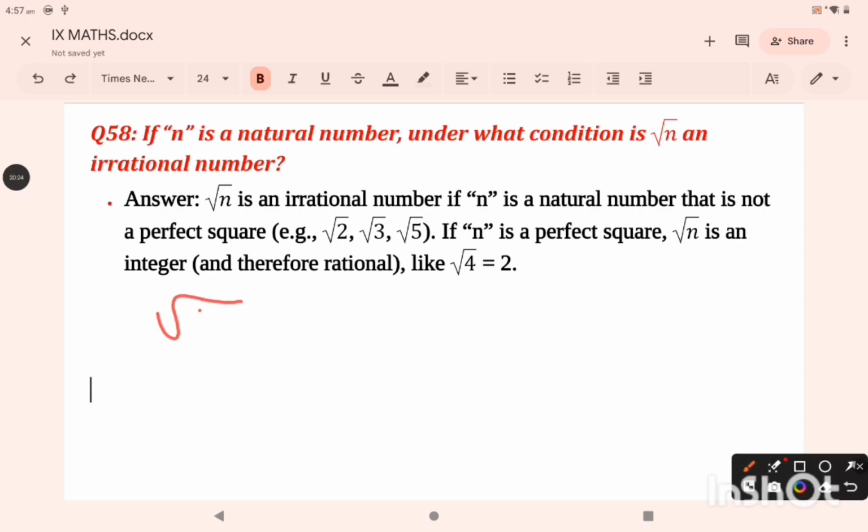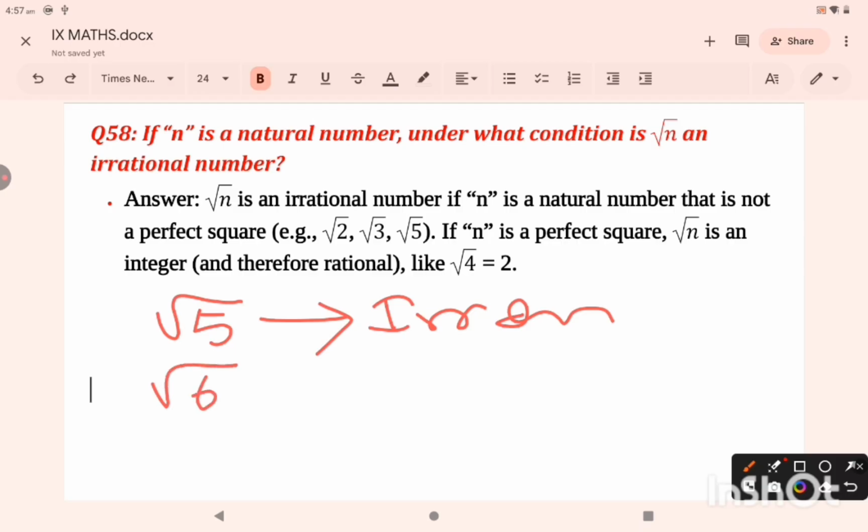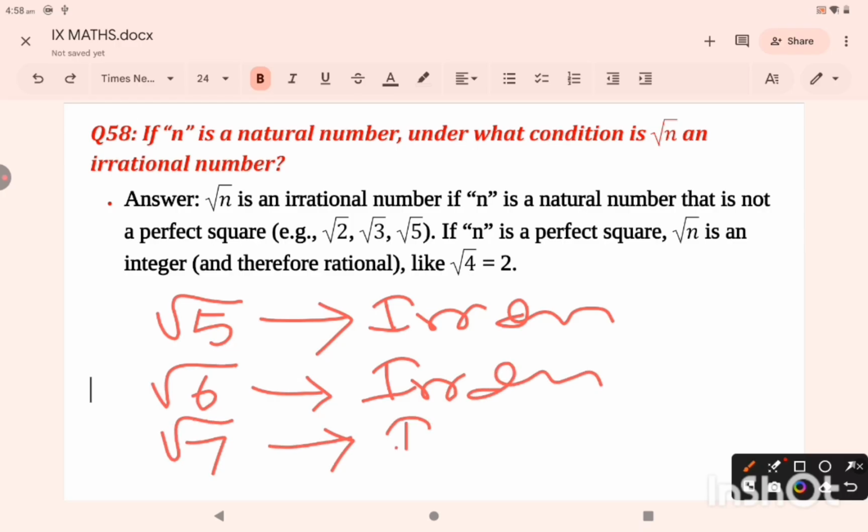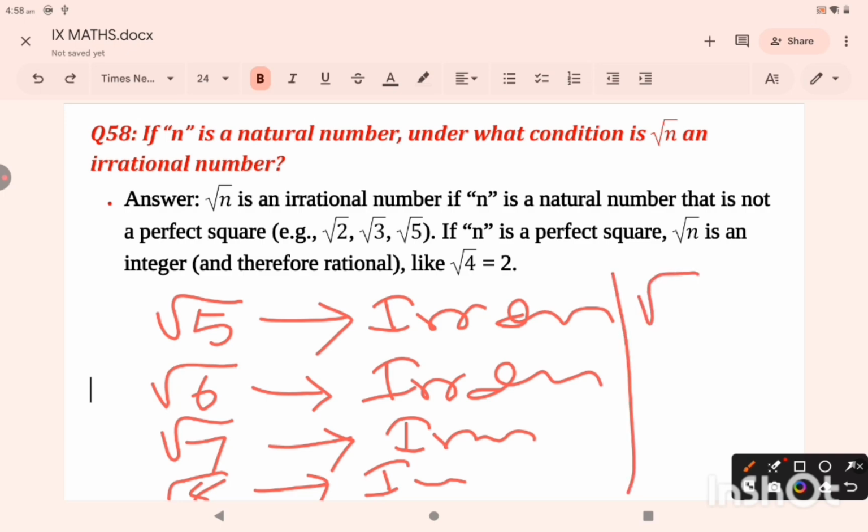Root 5 is irrational. Root 6 is irrational. Root 7 is irrational. Root 8 is irrational. Root 9 is rational.